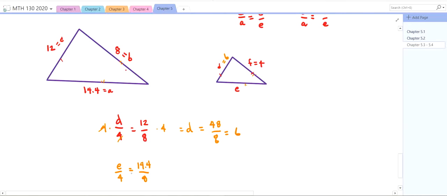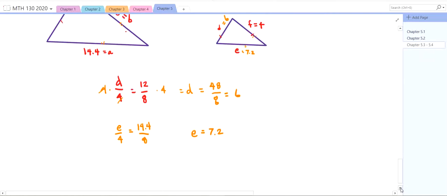So when you solve for E, you end up with 7.2. So E equals 7.2. So what we've done is we just shrunk this down proportionally to this triangle here. So similar triangles are proportional.